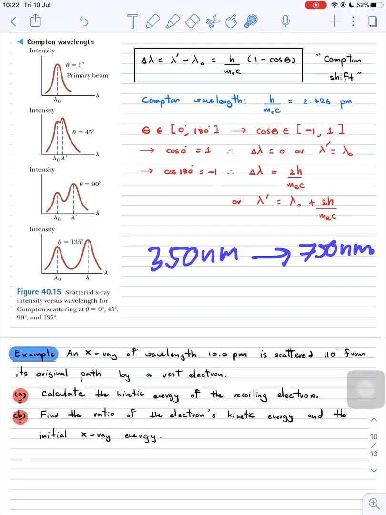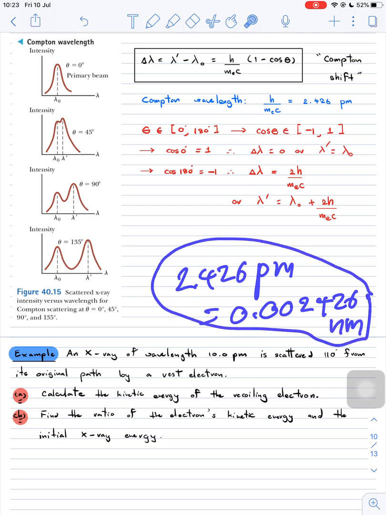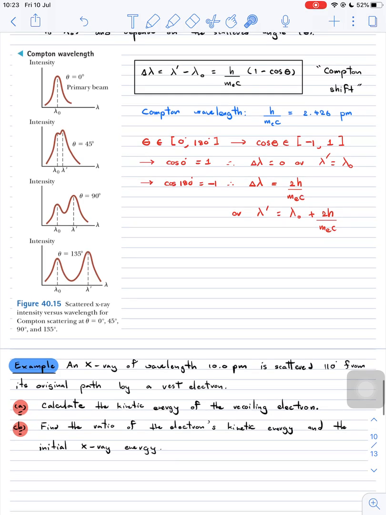If we add the maximum shift, it's going to be 2.426 picometers, which is 0.002426 nanometer. So you see, this value is quite small compared to the wavelength of visible light. That's why it's quite difficult to see the Compton shift for visible light here.